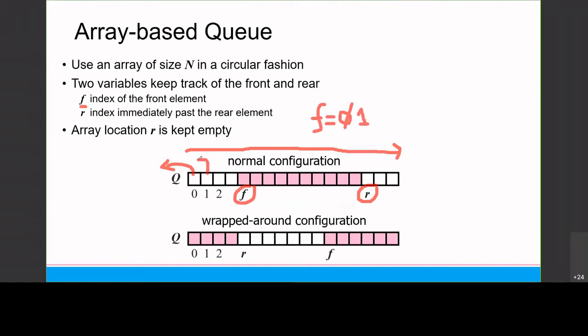Then if 1 is removed, we change F equals 2. If we remove index 2, we delete it and change F into 3 and so on. So we update the variable F to know where the current front is. And also R, we can update R to find out where the current rear is. Rear means the end, and front means the element which is in the front.